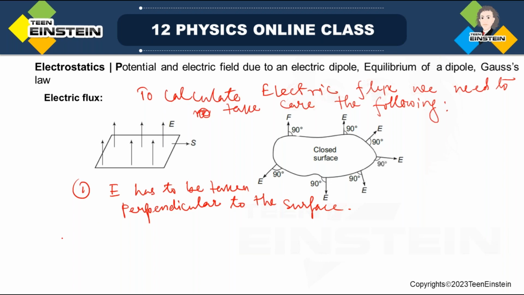And the second thing is that whenever we calculate flux through any surface, the electric field has to be always constant over the surface. In this case, these electric field lines have the same strength, E everywhere. Then only we will be able to calculate flux. Our electric field itself should not vary.